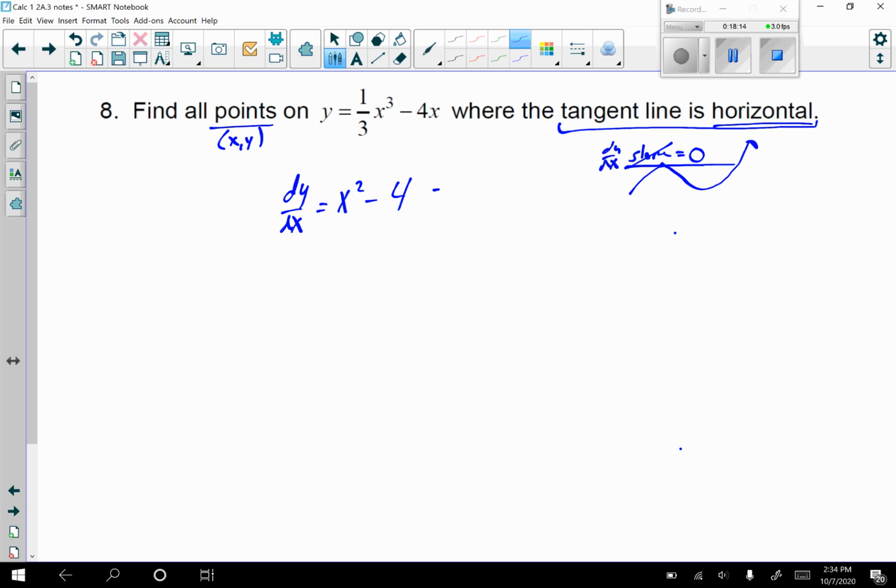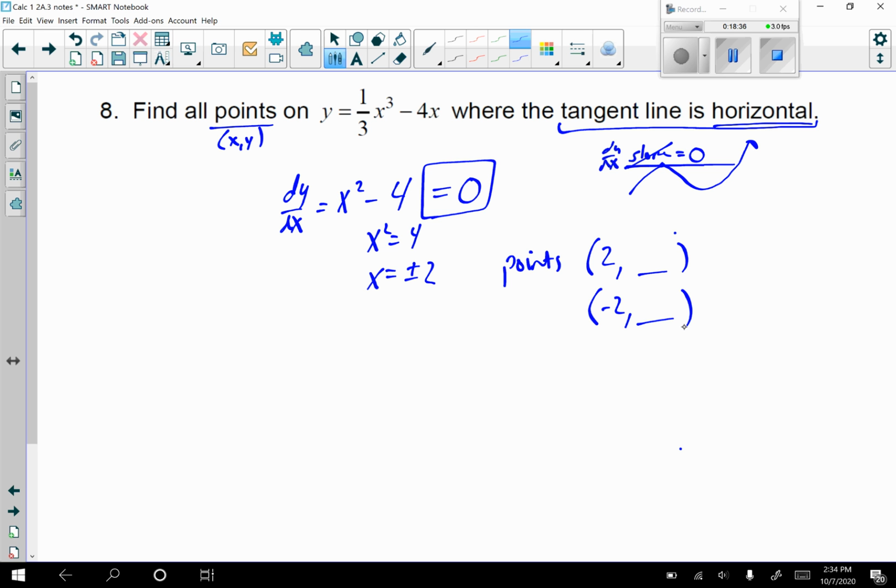And we want that to be equal to 0. That's what it means to find where it's horizontal. Well, this one's just x squared equals 4, so x equals, don't forget, plus and minus 2. You could factor that to get the plus and minus 2 as well. So we want points. So one is at 2 comma something, another one at negative 2 comma something.